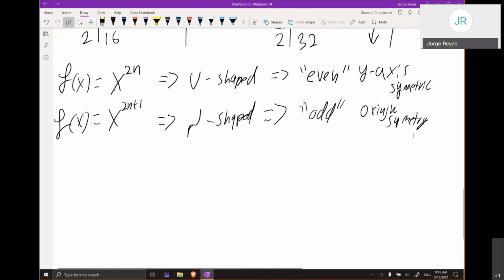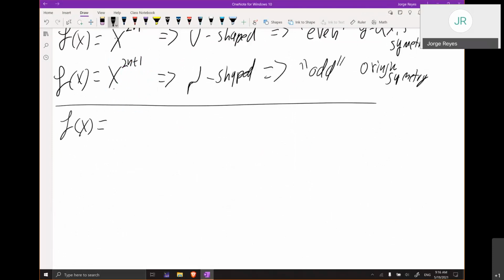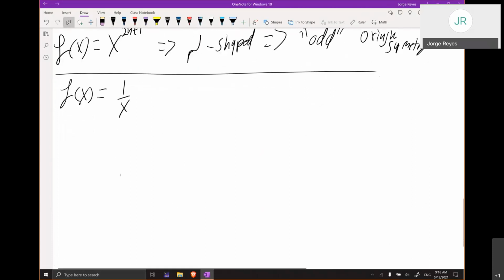Now I want to introduce this function. These we'll talk about much later on. These have their own section. But f of x equals 1 over x. Remember, this thing's domain is not 0, so I can't plug in 0. If you tried, your calculator would error out. But let me plug in the other things.